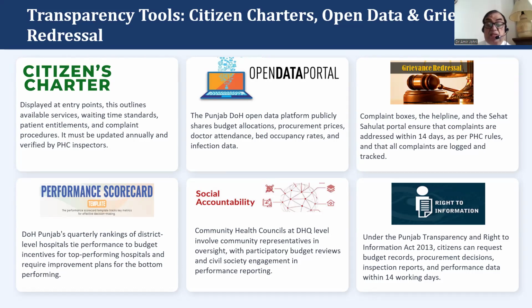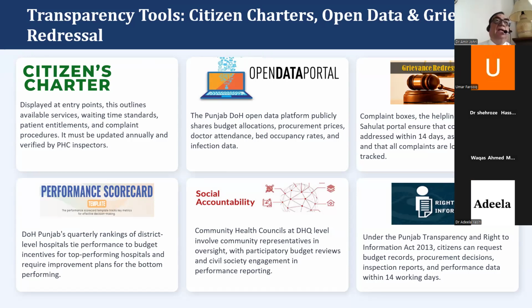Though what I've written here is that the participatory budget should be reviewed with civil society engagement, I don't think it is done at that level, but at least we can have a sitting with them to understand what their needs are, what their priorities are, that we can bring in the next budget or in the same budget to get more money and provide them that kind of treatment, or we can give them that kind of service. I'm sorry.